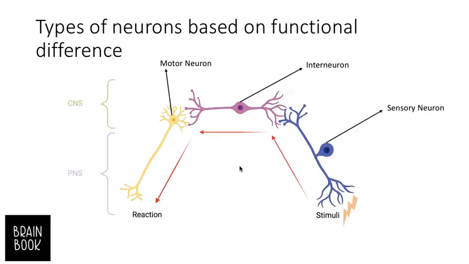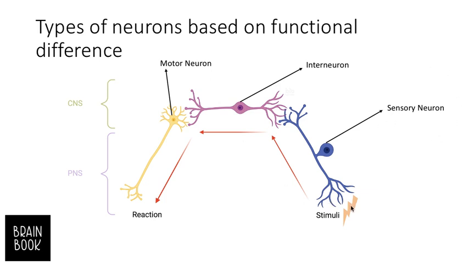Another classification is based on functional differences. As you can see here, their functions are different. We do not group these cells by their morphological characteristics. We say that it's a sensory neuron, interneuron, or motor neuron.